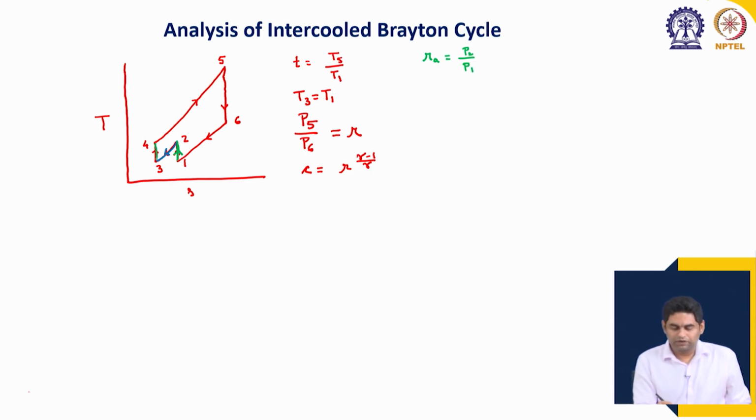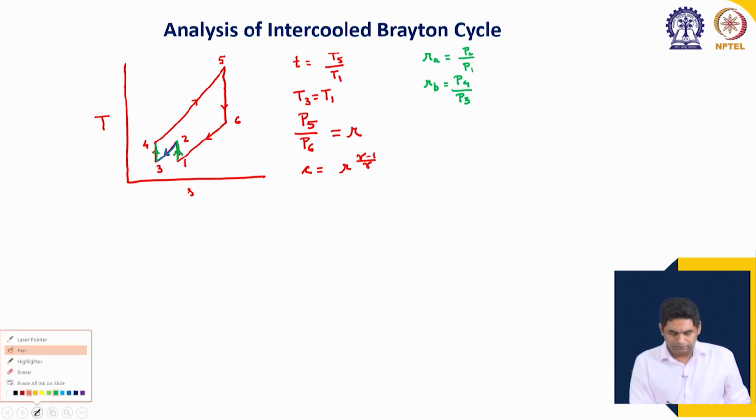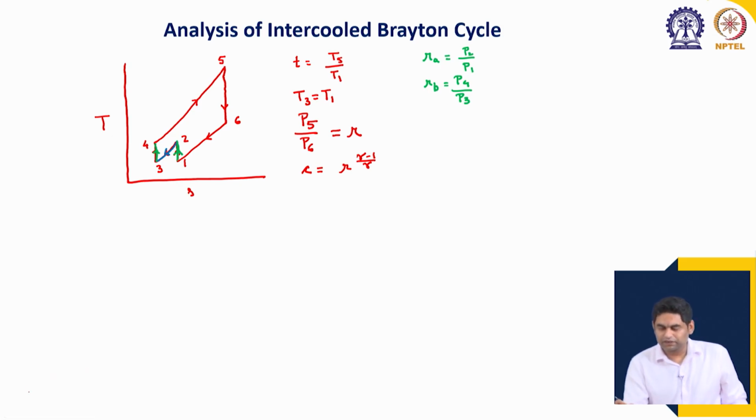Similarly, R B is equal to P4 by P3. Okay. So, which means that if I combine these two together, R A into R B is equal to P2 by P1 multiplied by P4 by P3.